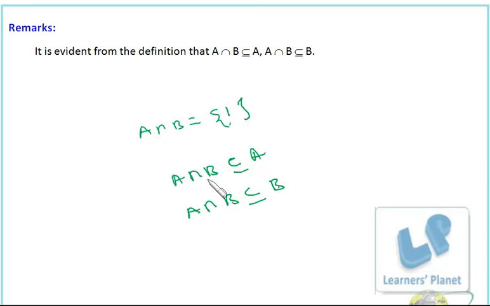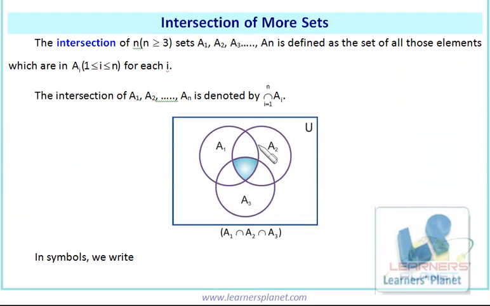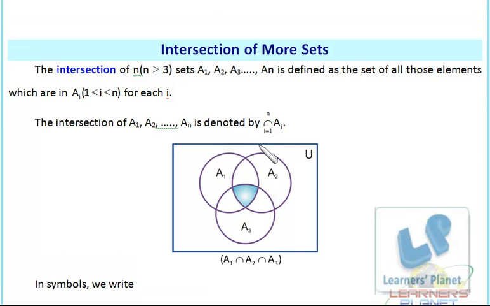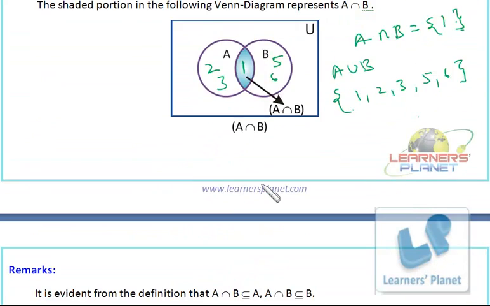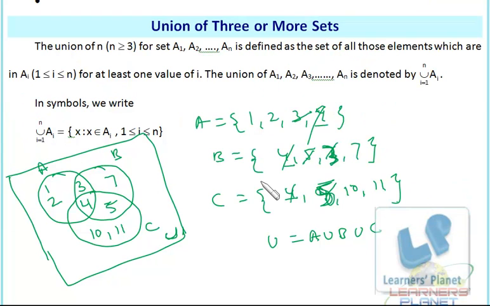So A intersection B is a subset of A, and A intersection B is a subset of B. Similarly, we can discuss the case of intersection of more sets. The diagrammatic representation is there, and I have already discussed the example over here.